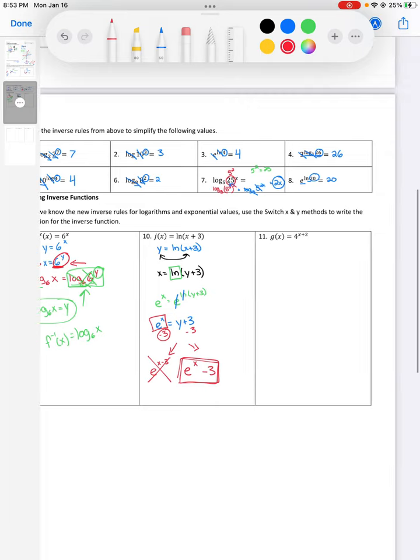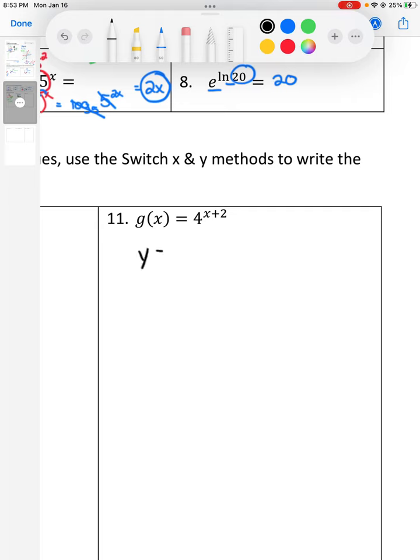So coming back, we need to write it as y and x, so we can switch our x and y. So we have x equals 4 raised to the y plus 2. Okay, now this is an exponent. How do you get rid of an exponent? You take the log. What's the base of our log?